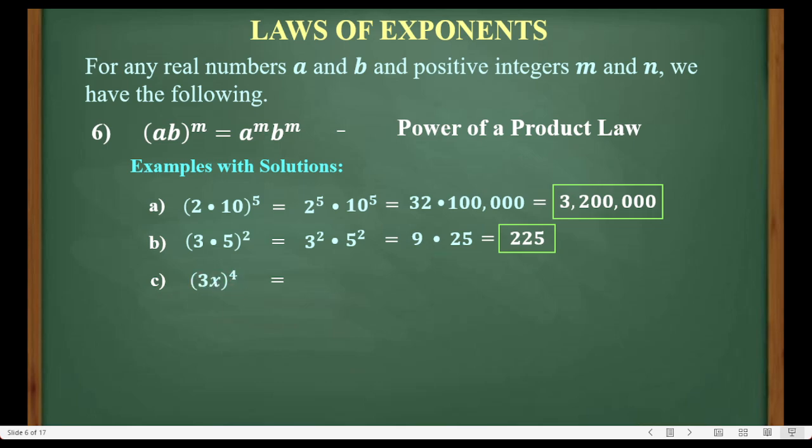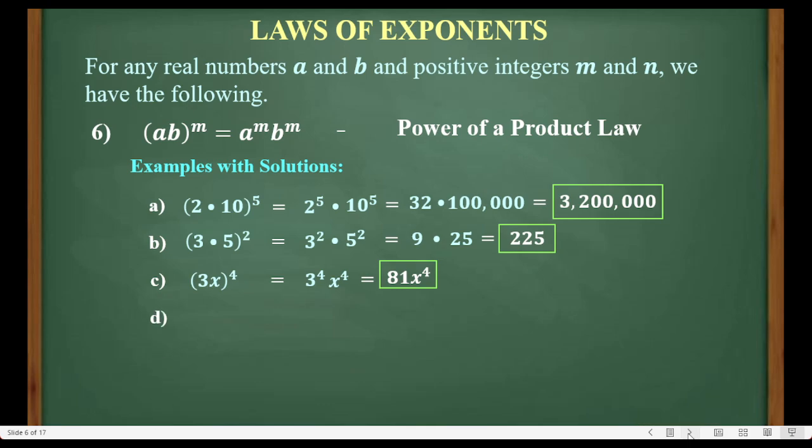Okay? 4 multiplied to the exponent of 3 and also to the exponent of x. So this given expression will become 3 to the fourth times x to the fourth. We know that 3 to the fourth is 81, so the final answer is 81x to the fourth.